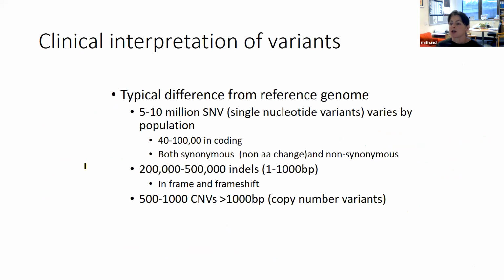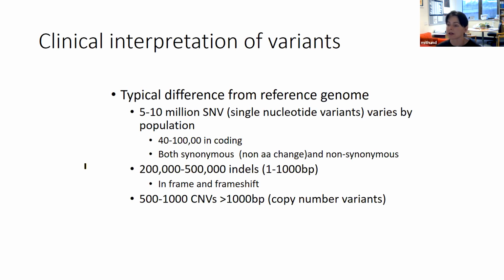If you're doing whole genome analysis, we are incredibly different from one another. As an idea, a typical variation you'd have from a reference genome could be between 5 to 10 million single nucleotide variants. These can be within coding parts of genes, and also in non-coding parts, and they can be synonymous and non-synonymous mutations, so they can change amino acids between people, and they may be non-disease causing.